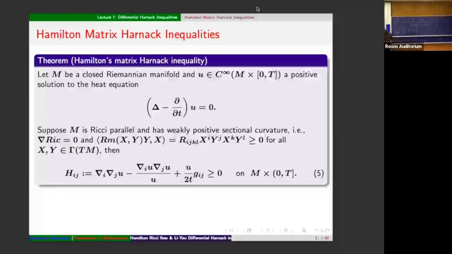Let me quickly do that. If you take the trace of that result, the Hessian becomes the Laplacian of u, and the other term gives |∇u|² over u.